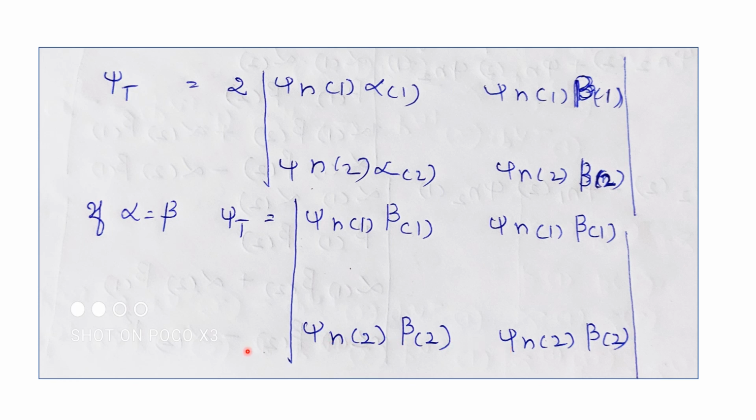Thus, if all four quantum numbers are the same, the total wave function is 0, which is not correct. Hence, two electrons having the same quantum numbers cannot be in the same system.